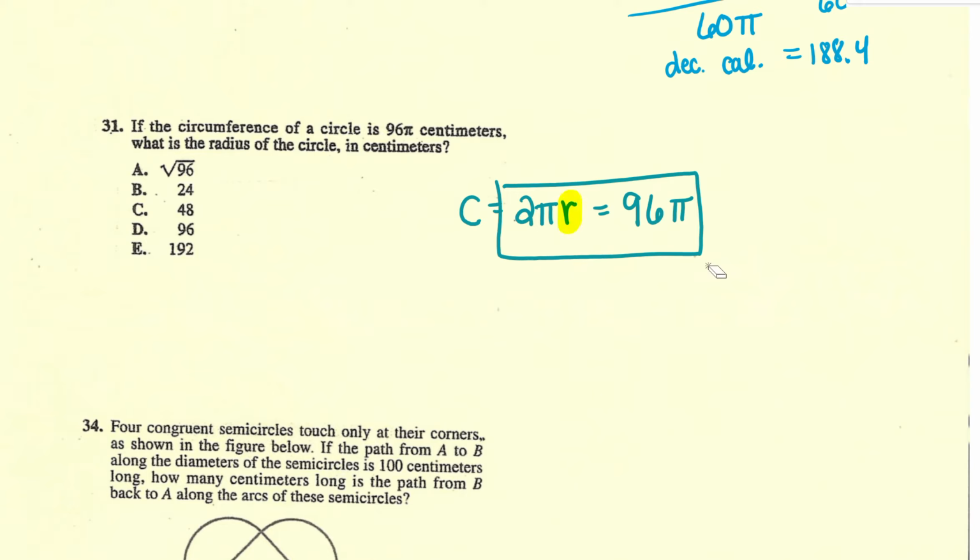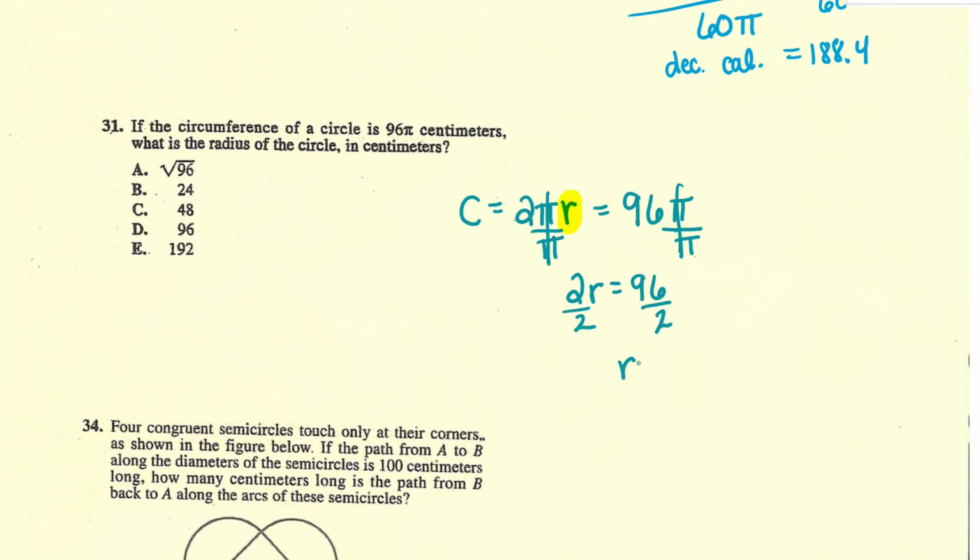Let's just solve it like an equation. I might divide both sides by pi first so that they cancel out, and I'm left with 2r equals 96. Divide by 2, and the radius is going to be 48, which is C. Notice that they actually have 96 as an answer, so sometimes they're kind of sneaky like that, so be careful.